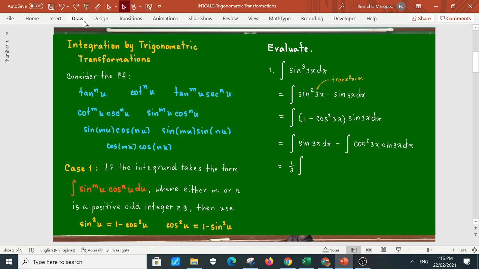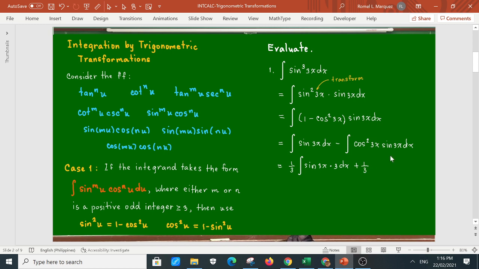So, sine of 3x. I put 1/3 outside because I am planning to put 3 inside, so that this is sine u du. And then for the next one, I'm going to put -3 because the derivative of cosine is negative sine. Then the derivative of 3x is 3. So this is now plus.